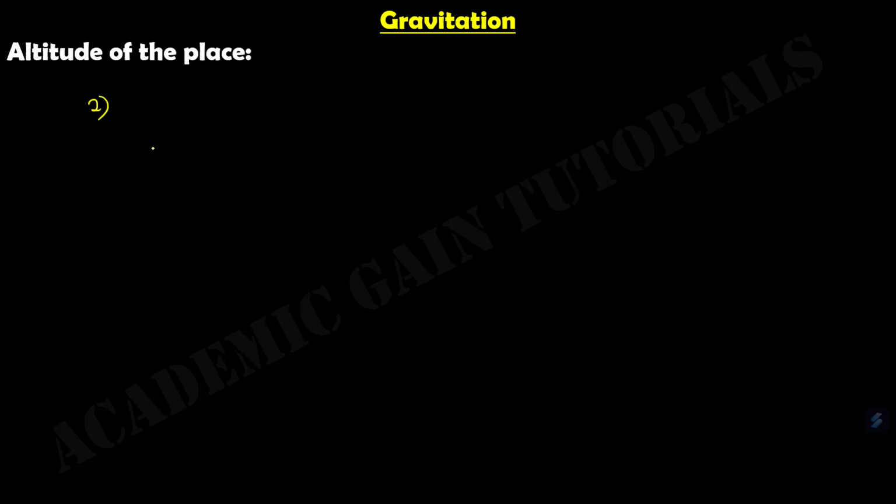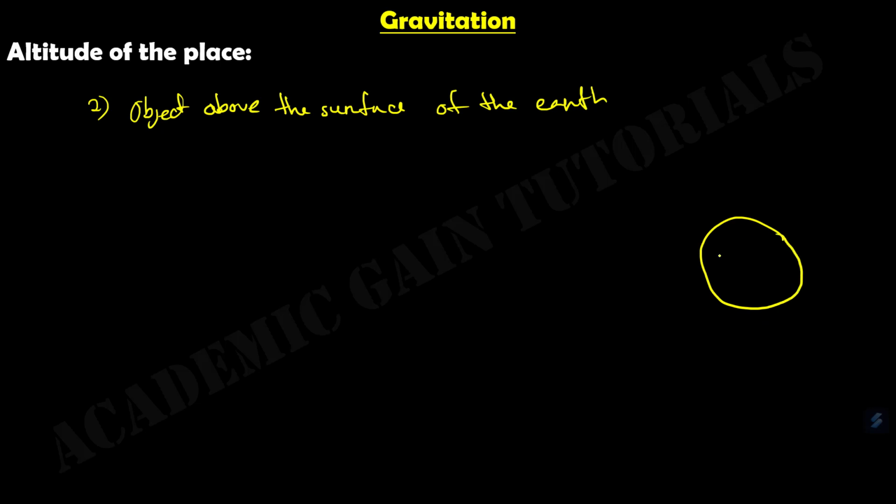Now the second case is object above the surface of the earth. What that means, suppose this is our earth E, which has a mass of capital M, and this is our center, and this is the radius of our earth, and a body is at the distance of h above the surface of the earth, which has a mass of m.